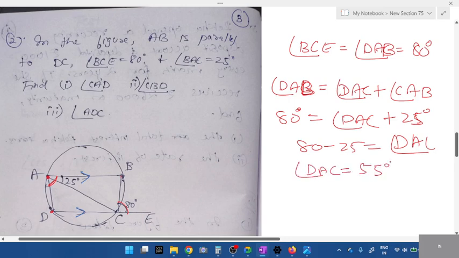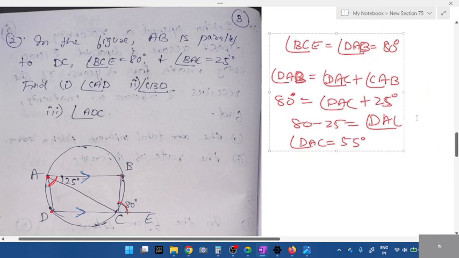See, I've given all three types of question: one basic question, one tangent question, one parallel line question, along with the cyclic quadrilateral. If you're able to do all this, good. So DAC is equal to 55 degrees. That's the first answer. DAC or CAD, both are the same. Next, CBD. How do you find CBD, students?